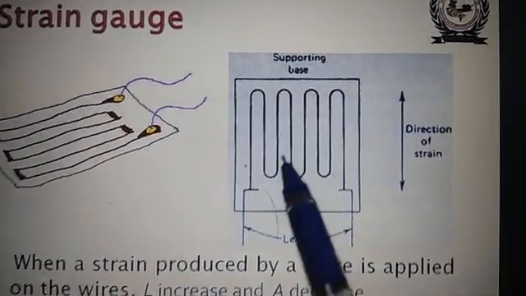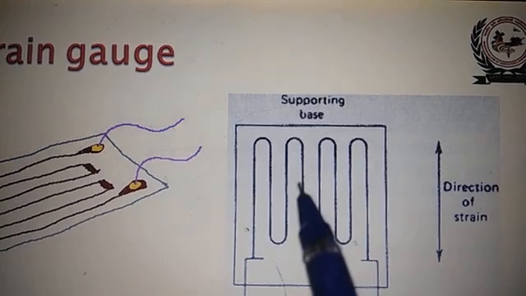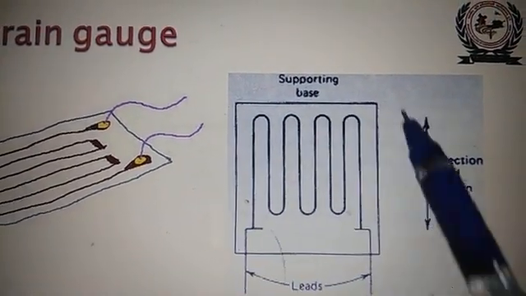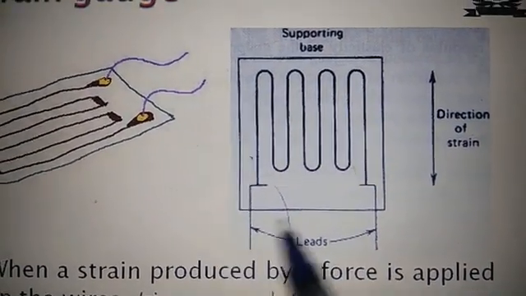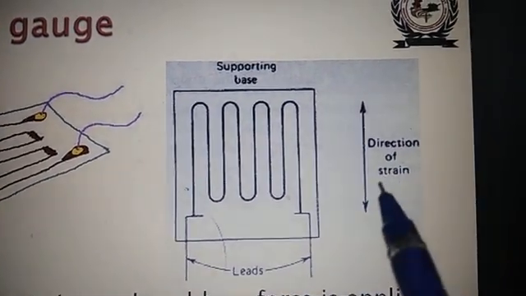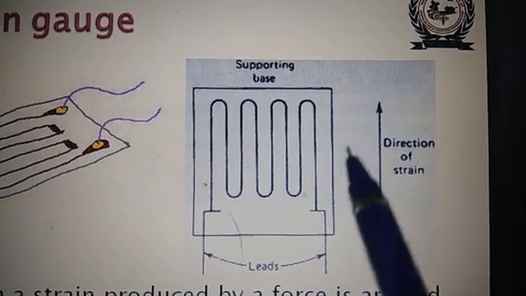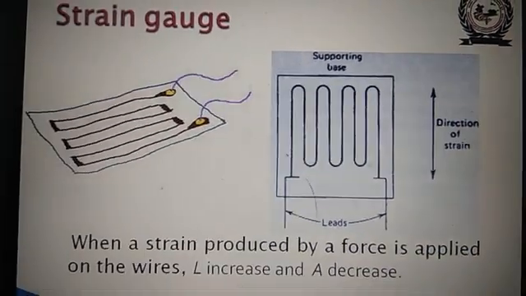This is another diagram. This is the supporting base and these are the two leads. And here you can apply the direct strain. This is the direction of the strain to be applied.